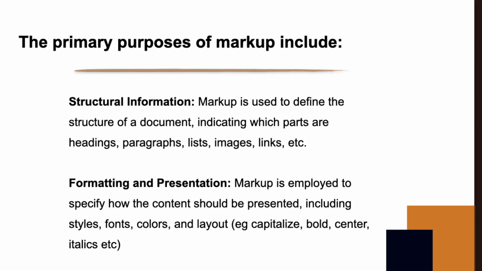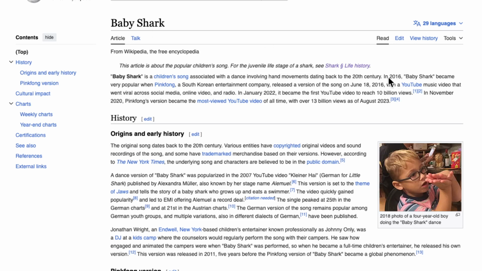Let me go back to the Baby Shark Wikipedia we saw and look at something. So as you can see, this has a very fine markup. We can see heading here. The computer understood it if you use HTML to write it, right? There is a way you write it so that your computer will understand what you want.